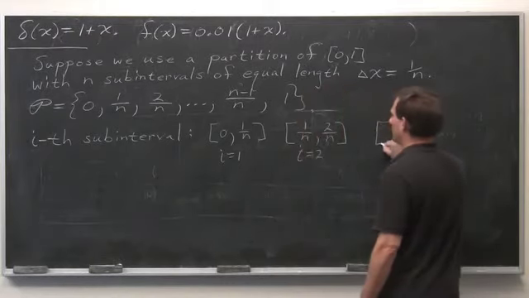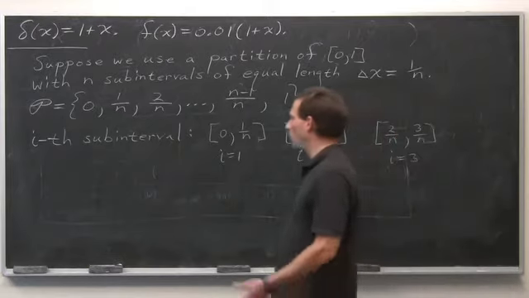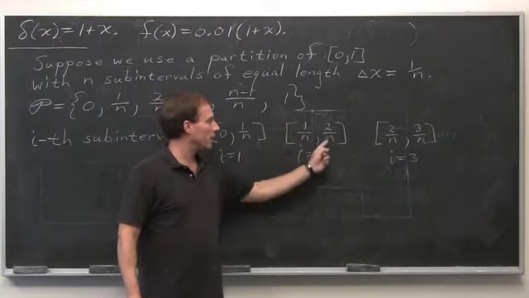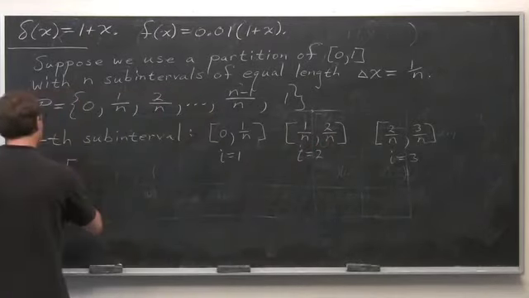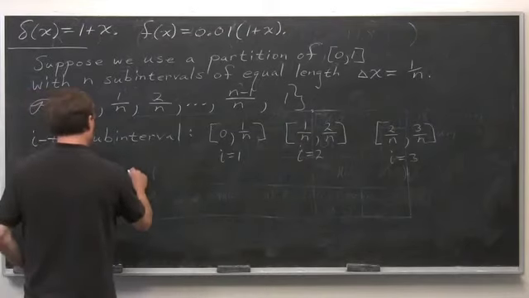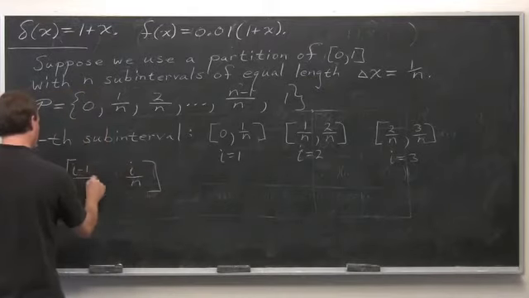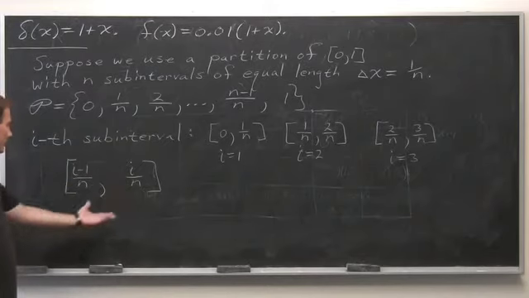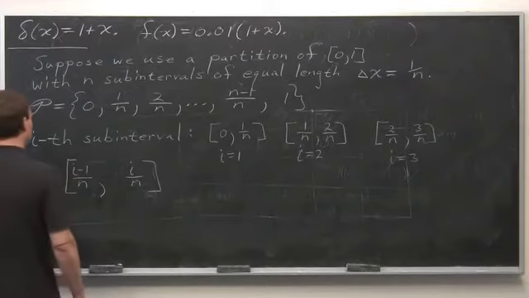When i is 3, you go from 2 over n to 3 over n. So in terms of i, you're always going to i over n, and you start at 1 less than that in the numerator. So the ith subinterval goes to i over n, which means the endpoint before that is i over n minus 1 over n. So this is the ith subinterval.